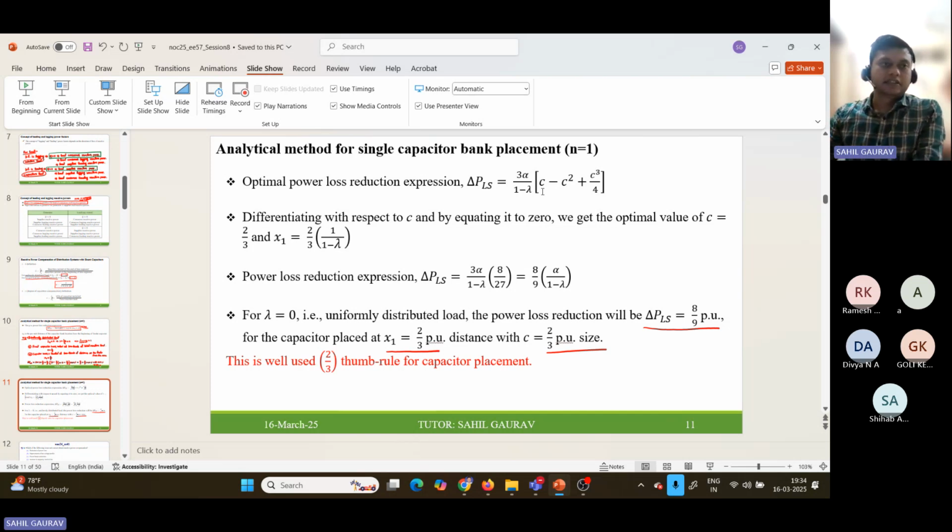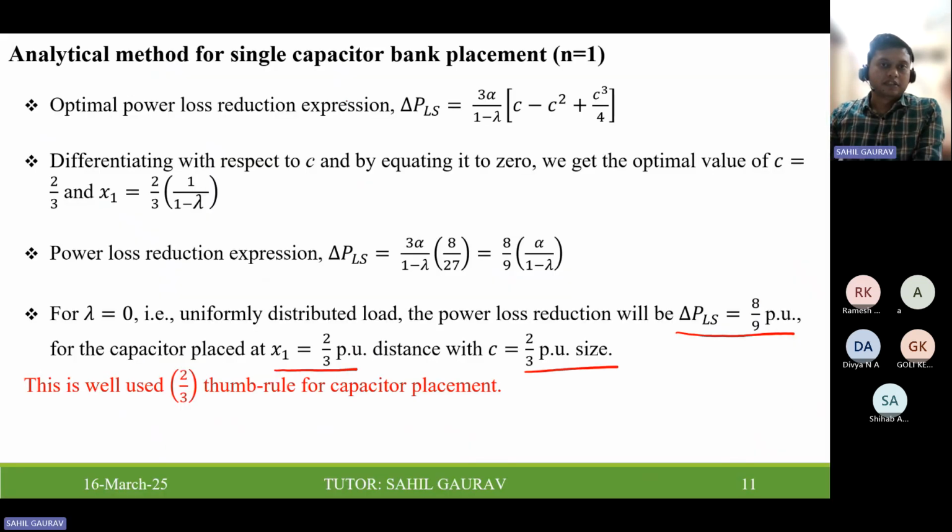This expression is not important in itself; it comes from the general term: delta PLS equals 3 alpha C times 1 minus lambda C minus C n square, plus C square n, 4n square minus 1, upon 12.